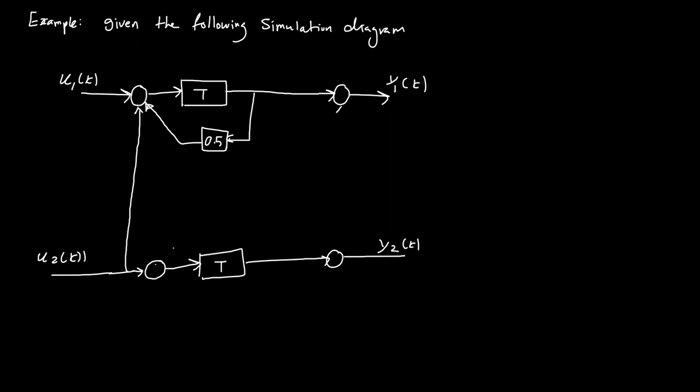Here we have a connection with gain equal to 2, and here we have a negative unity feedback, some minus.